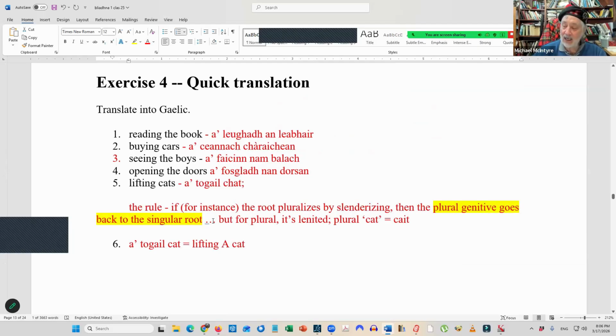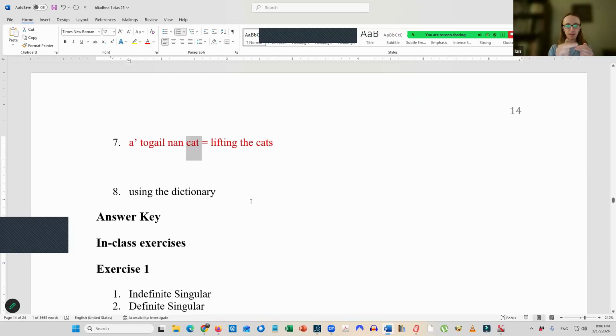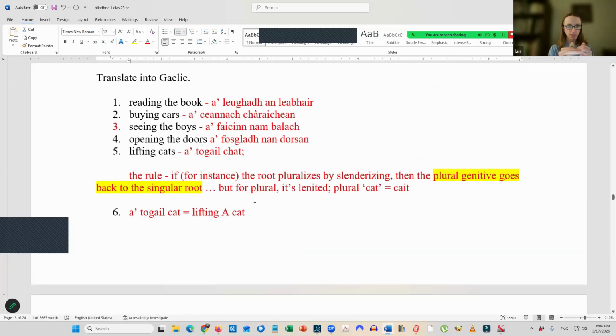And on behalf of Gaelic, I apologize for this being so complicated. I have one clarification. Can we go back up to the one we were just looking at? So at 5, a toghadh hot. What's happening there, just to make sure I'm following, is both that it's following the genitive plural rules because it's an indefinite plural object, and because it can lenite, it's leniting.